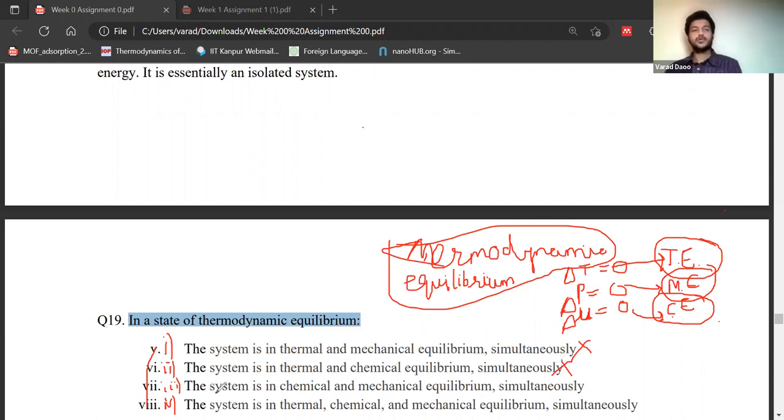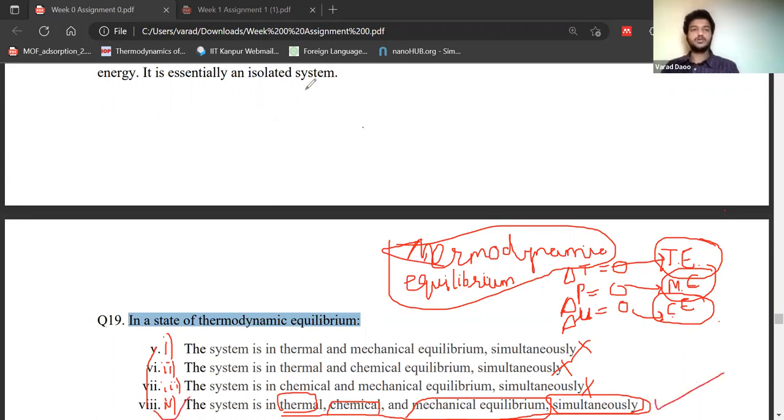Option 3 is system is in chemical and mechanical equilibrium simultaneously. So this is also not correct because nothing has been mentioned of thermal equilibrium. So let us go to option 4. System is in thermal, chemical, and mechanical equilibrium simultaneously. Okay, so this simultaneously is important, and thermal as well as chemical as well as mechanical equilibrium, like we mentioned. So this satisfies the definition, and hence option 4 is correct.